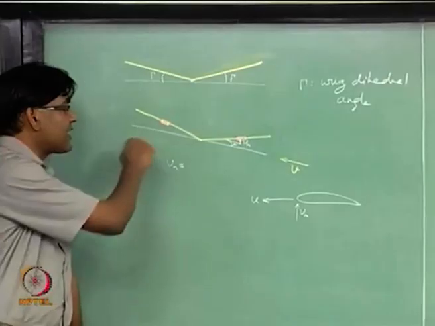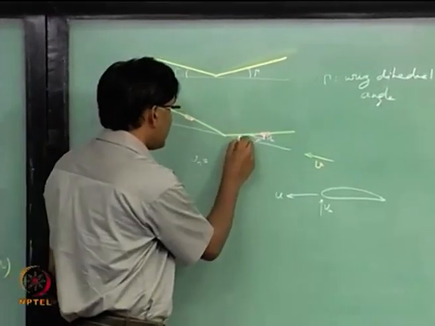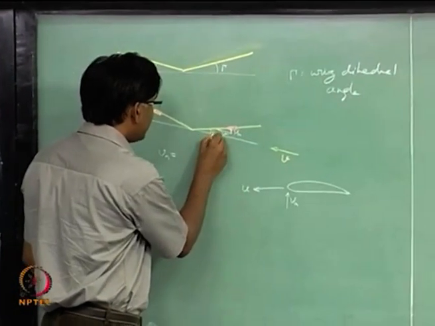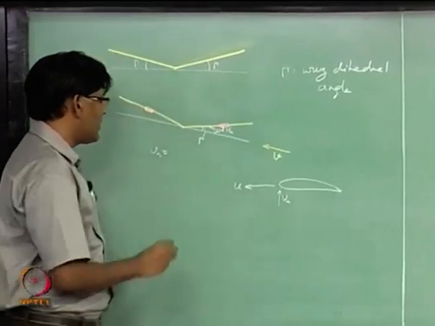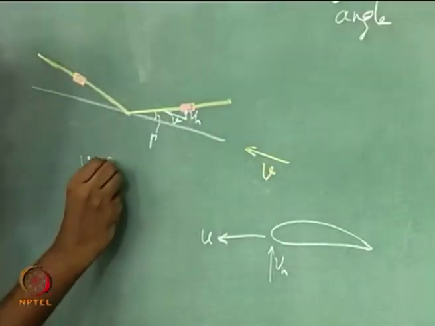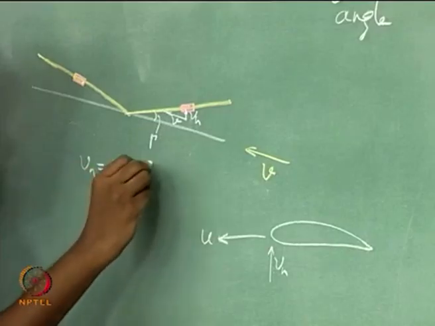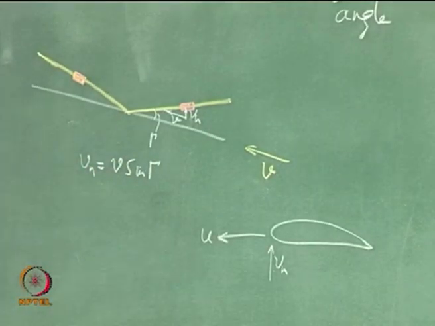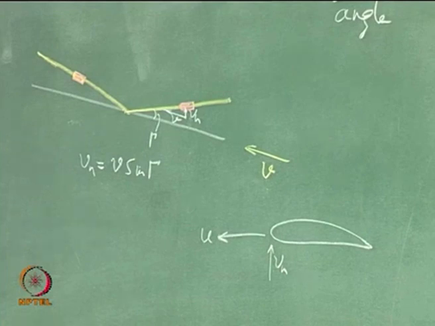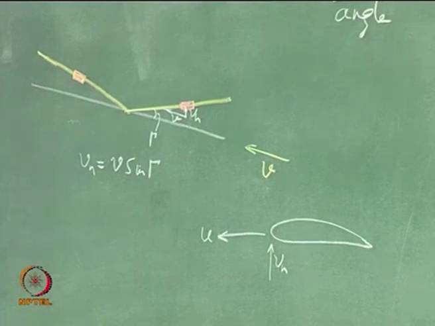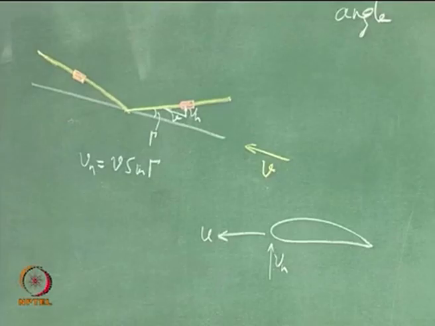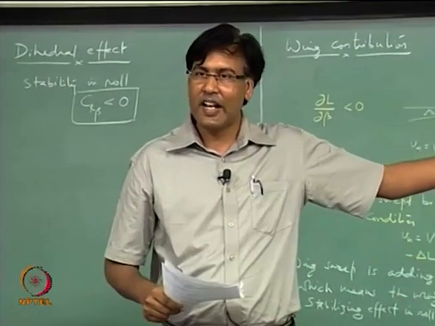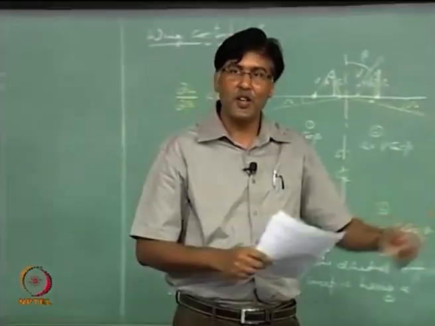No, because of this dihedral angle, because of this angle, V n is V times the dihedral angle. Let us say this angle is small, okay. I am going to remove that sign also from there. So, I am only going to keep this.